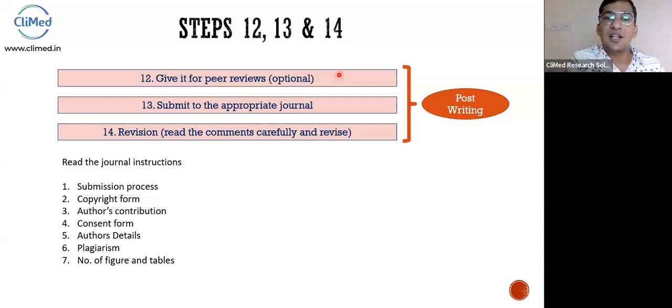If I'm presenting something like the pathophysiology, then I can make one flow chart or one picture showing the pathophysiology of the disease.